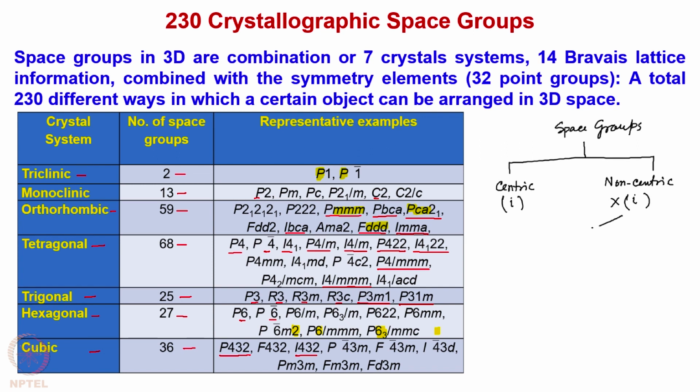So the non-centric space groups can be subdivided again into two different subclasses: achiral and chiral. Achiral space groups may contain a mirror or a glide, and chiral space groups will not contain any mirror or glide.